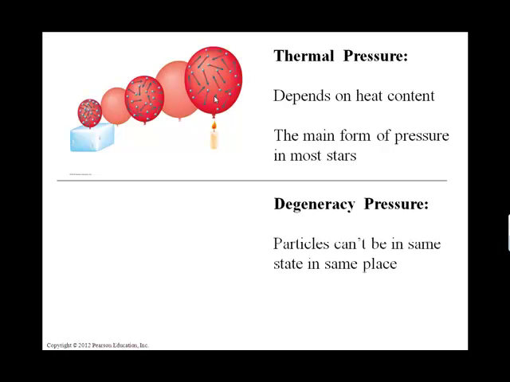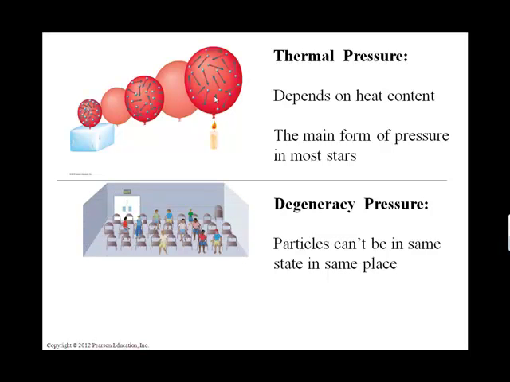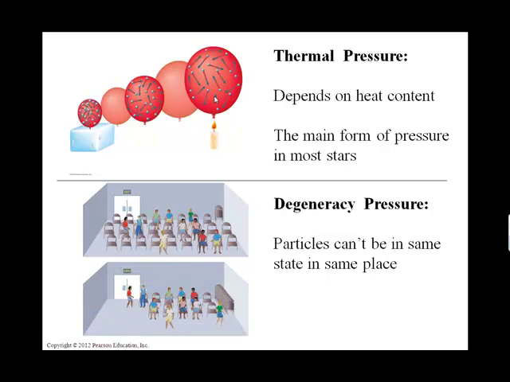What stops the contraction of these low mass objects is electron degeneracy. It looks something like this. If these chairs are locations that the electrons can exist in, and these people are electrons, what happens at some point in these low mass objects is that there are fewer and fewer chairs, but still the same number of people.